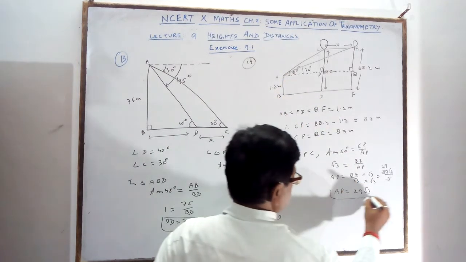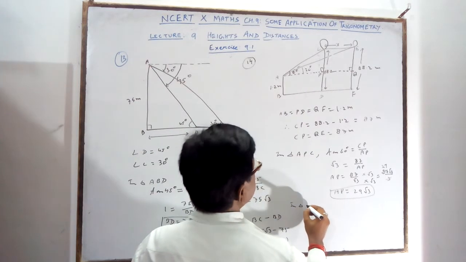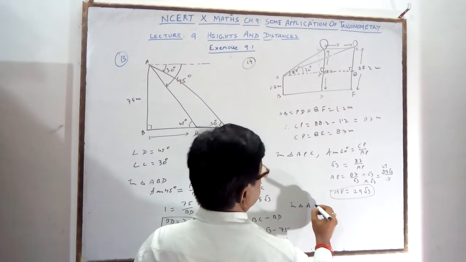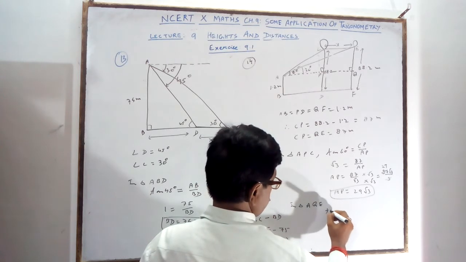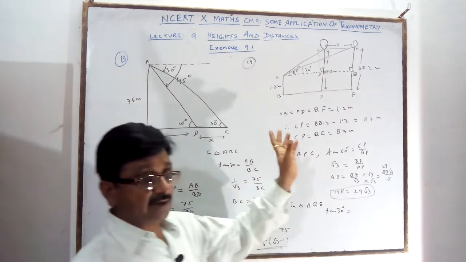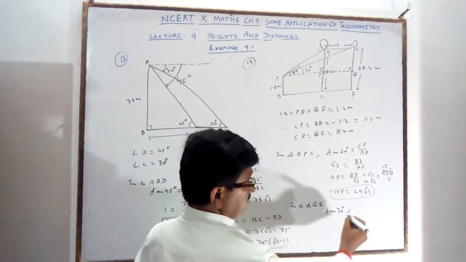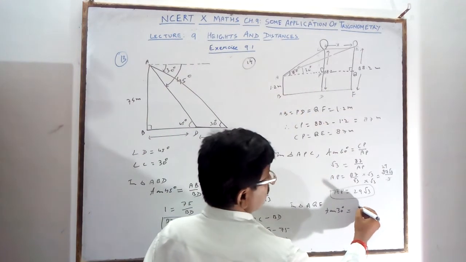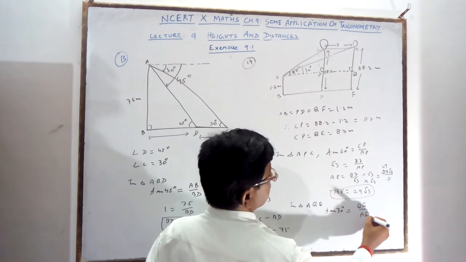And another triangle from A. In triangle AQE, tan 30 degrees is equal to QE upon AQ.